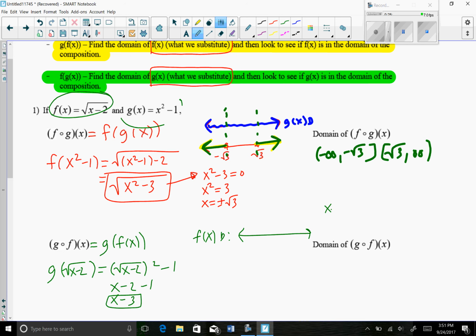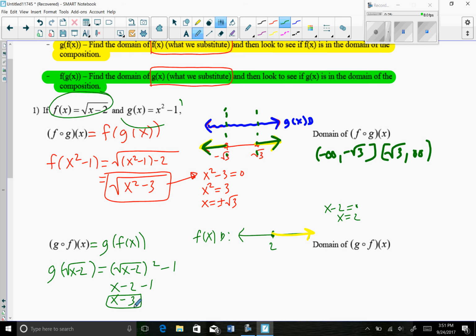If I solve x minus 2 equals 0, I'm looking at the value of 2 on my number line, which we learned before. It can be equal to 2 because I can have 0 in my numerator. And if I pick test values in this function, I know that something below 2, such as 0, 0 minus 2 would give me negatives underneath the radical, so I'm not going to highlight that part of my line. I would actually be highlighting my line starting at 2 going this way.